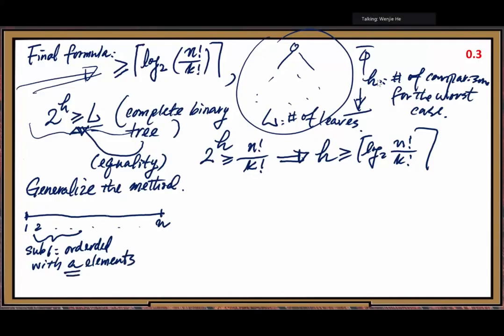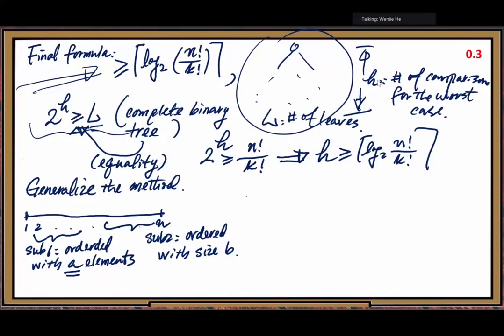The second subarray, sub 2, is also ordered, but with size B. So 2 ordered subarrays. Now we generalize to this case.